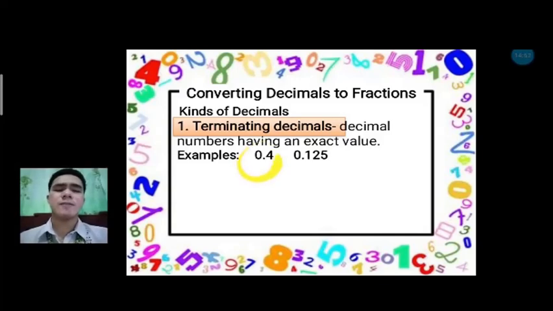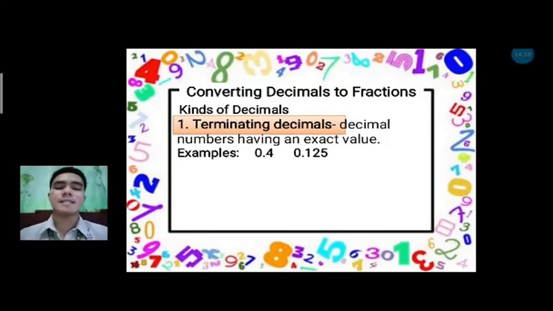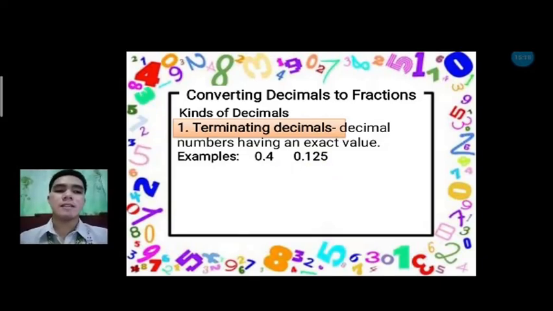This 0.4 can also be called 4 tenths, because its place value is tenths. Then this will be 125 thousandths, because we have tenths, hundredths, thousandths. So we have thousandths as the place value. We also have 5 tenths, 75 hundredths, and so on and so forth. So exact value, no repeating.